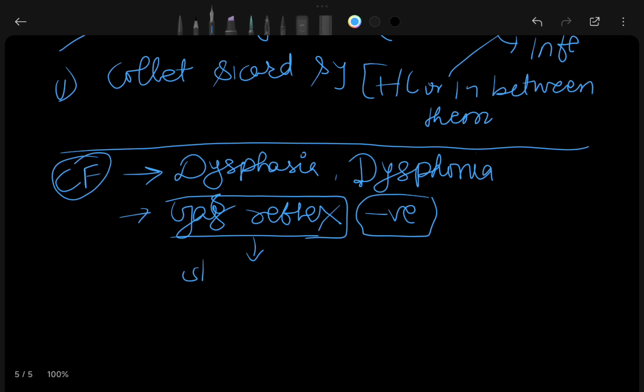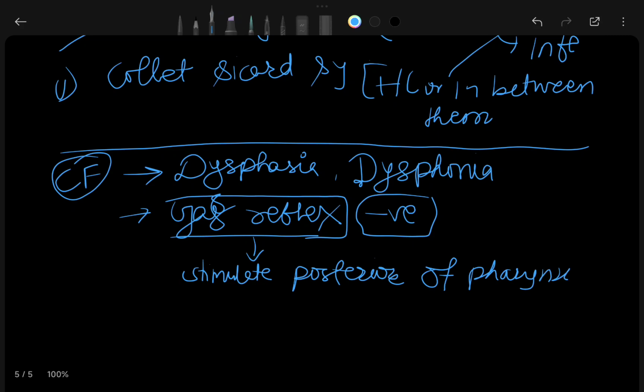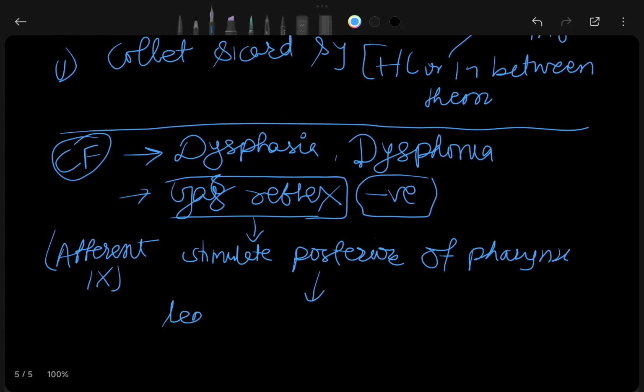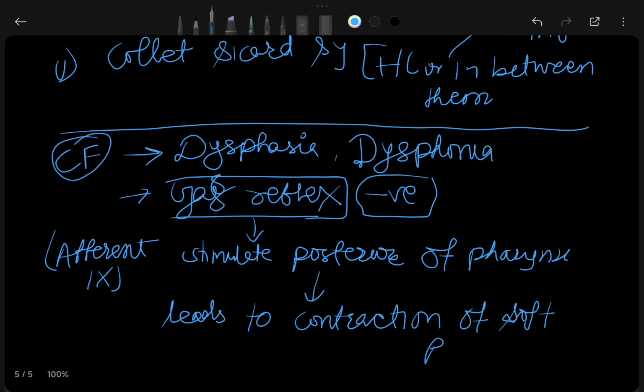When we stimulate the posterior wall of the pharynx, the afferent fibers are cranial nerve 9. These get stimulated and lead to contraction of the soft palate, and in this pathway the efferent is cranial nerve 10. This is about the gag reflex, which will be absent in the lesion.